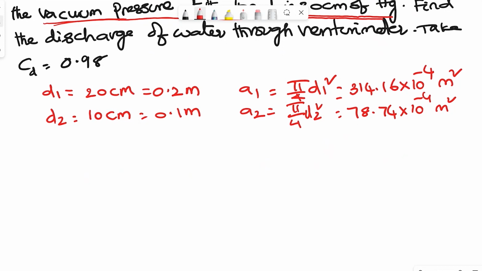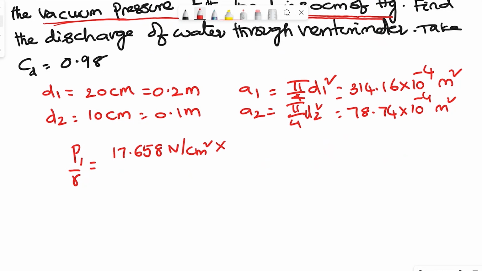So the calculation of H, we want to calculate. How to calculate? What is P1 by gamma first? Pressure head at the inlet. The pressure that is given is 17.658 Newton per centimeter square, right? We want to convert into Newton per meter square.